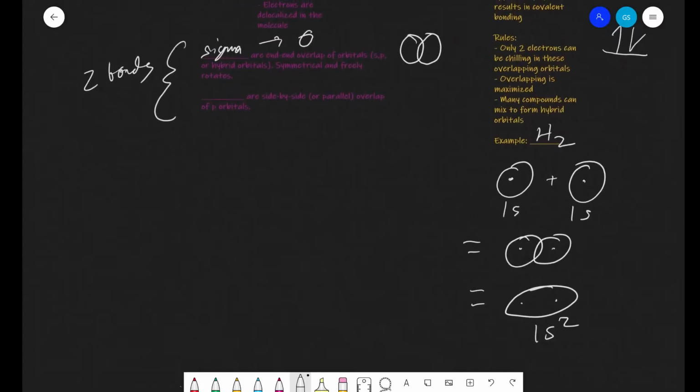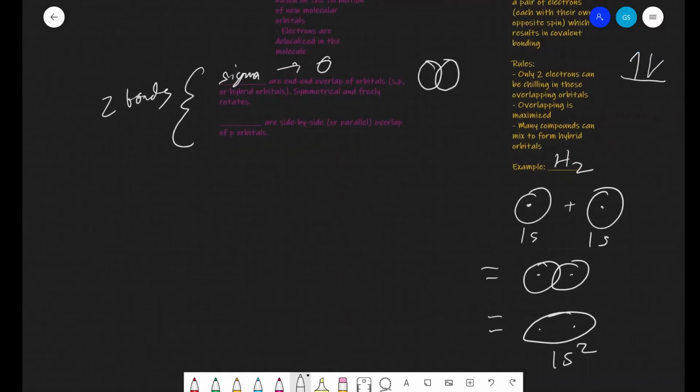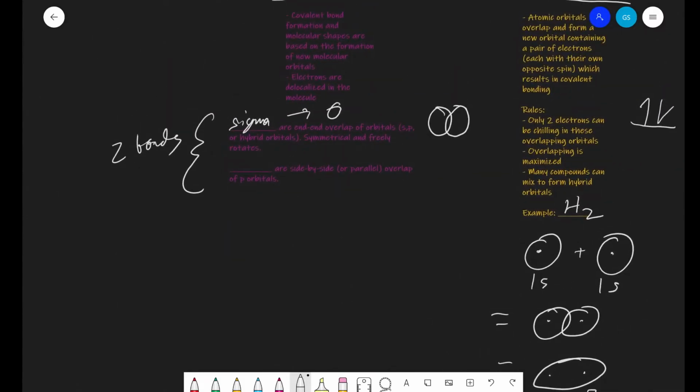They're just overlapping, and there'd be electrons in between. That's a sigma bond, and it's represented by this almost six-looking symbol.